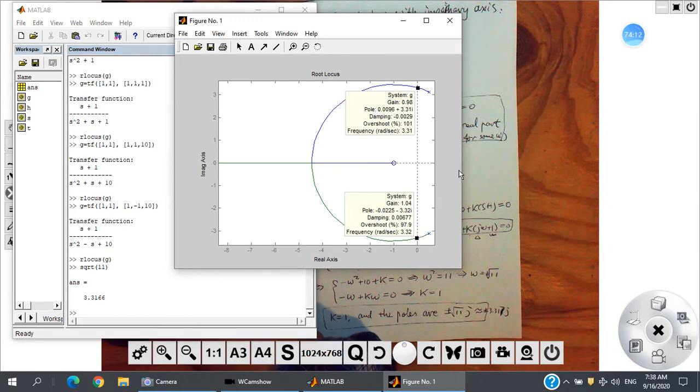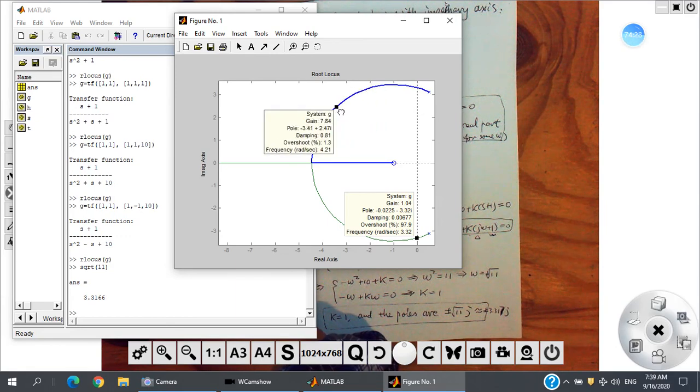And if this is like a design problem, you want to choose the right K so that the feedback system is stable, you will choose K larger than 1. Like here K is 4.27, here K is 784, the gain is K, right? And even larger, here K is 11, K is 18.